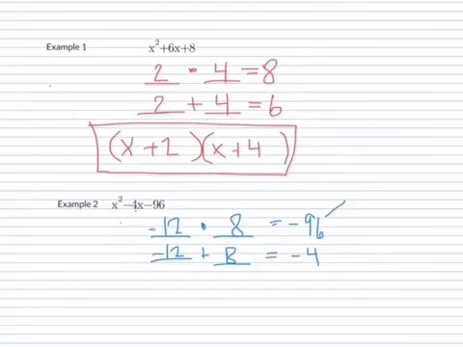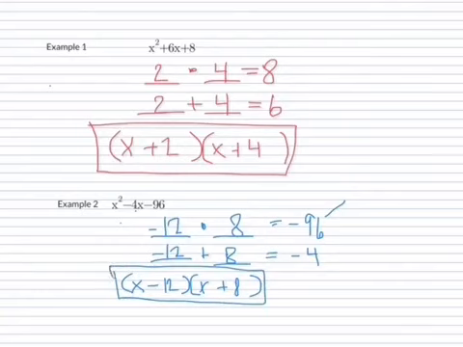So we have negative 12 and positive 8 as the two numbers that go in our factors. So if we factor that, then we have x minus 12, x plus 8. And that would be our final factored form.